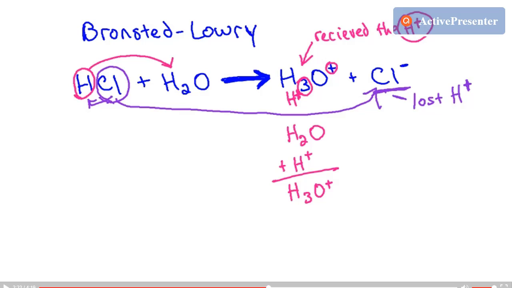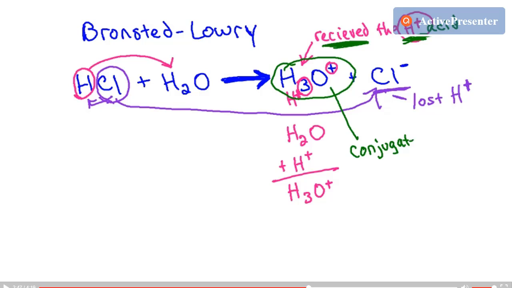Now when you're doing these formulas and after the yield sign you end up with the hydronium or whatever that received the H, which is an acid, the one that received the H is called the conjugate acid.